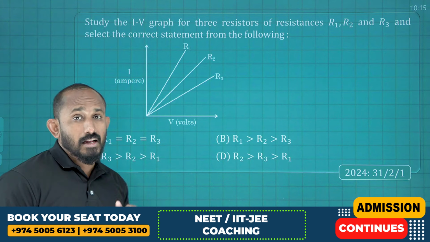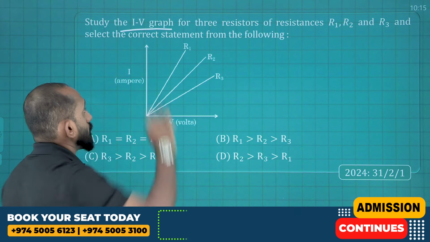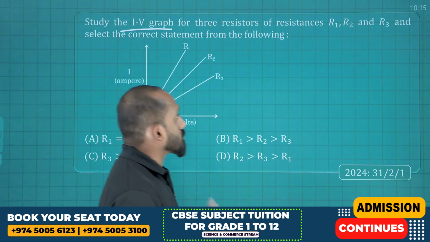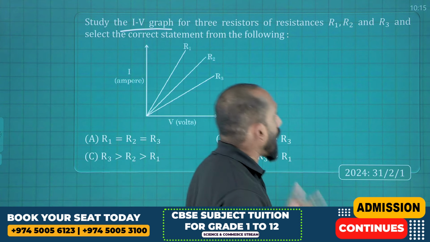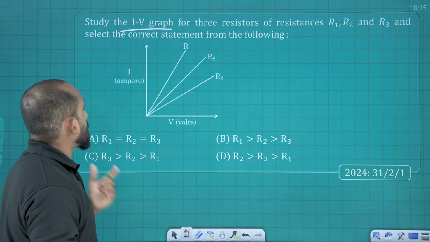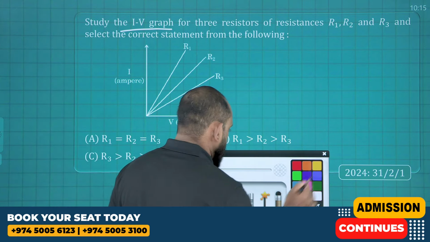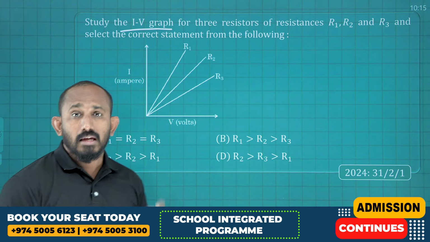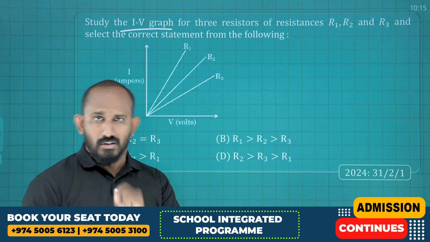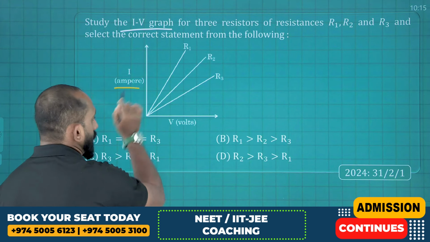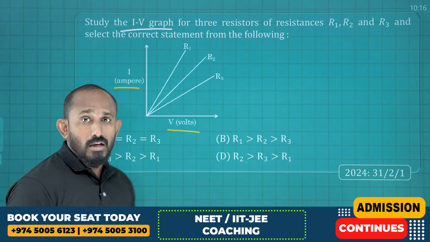Study the IV graph. Here an IV graph is given for 3 resistors of resistances R1, R2 and R3, and select the correct statement from the following. So we have 3 resistors, and the relation between current and voltage is given. Here I is taken on the y-axis and voltage along the x-axis.